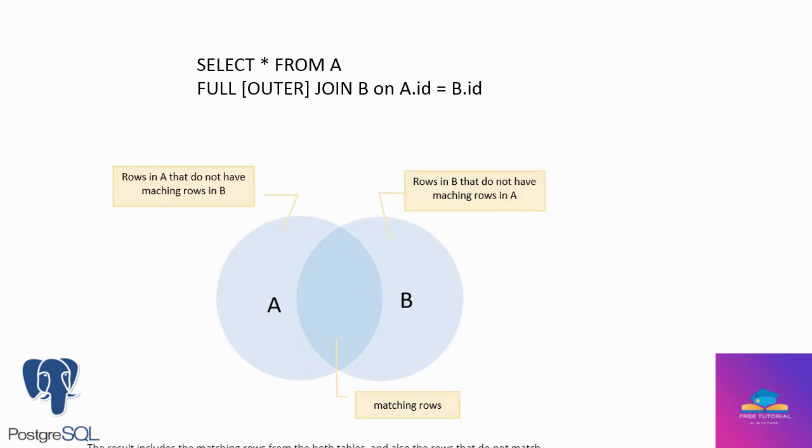For the rows that match, a single row is included in the result set that contains columns populated from both joined tables. You can see in the diagram here, rows in A that do not have matching rows in B are in this shaded area here. Rows in B that do not have matching rows in A are represented in this shaded area there, while the darker shaded area contains rows that match in both A and B.